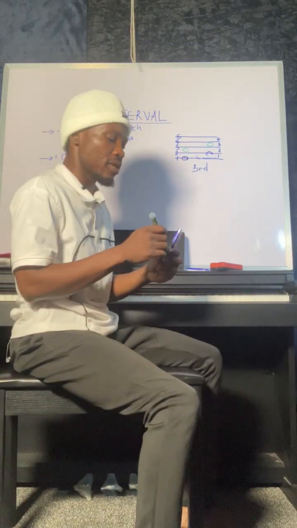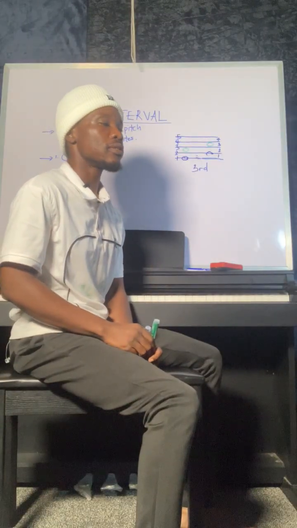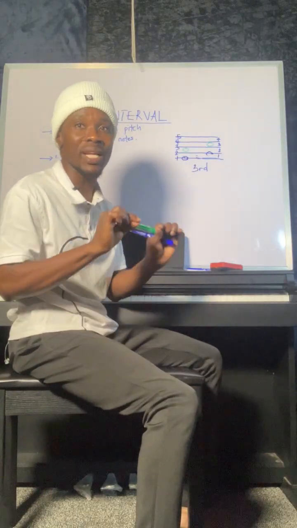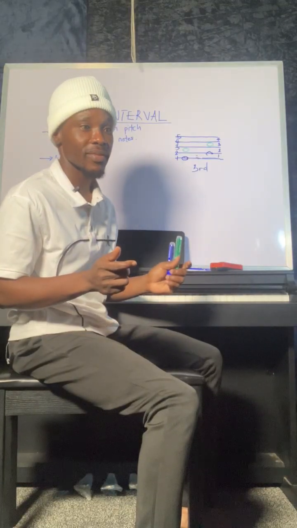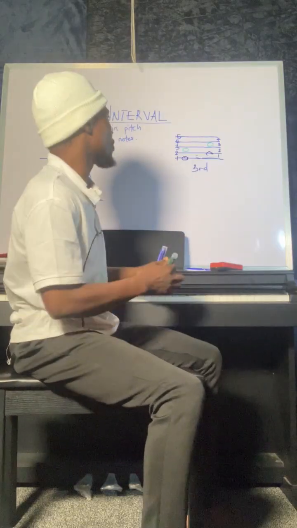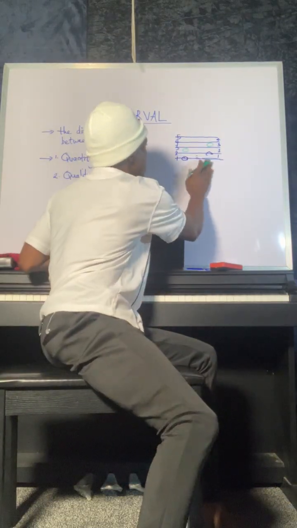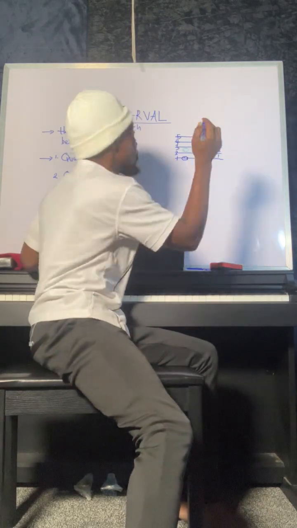What do we call it when the notes are in the same line or the same position? I know you'll be thinking of saying first, but we don't say first. Let me give you an example.